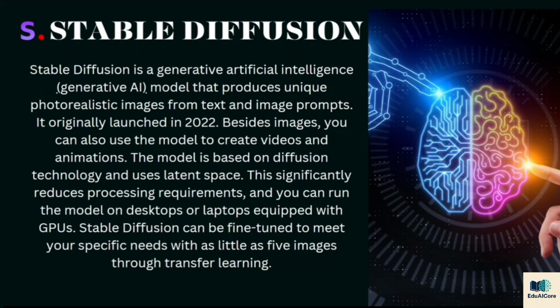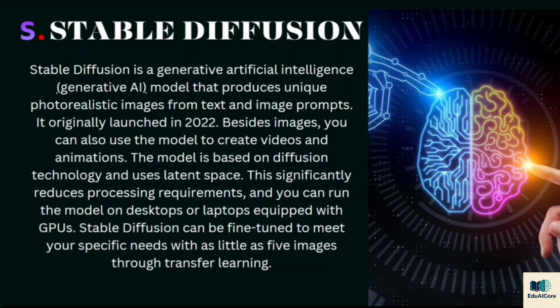Originally Stable Diffusion was launched in the year 2022, and besides images you can also use the model to create different kinds of videos and animations as well. The main thing in Stable Diffusion is creating images, but beside that you can also create different videos and different kinds of animations.